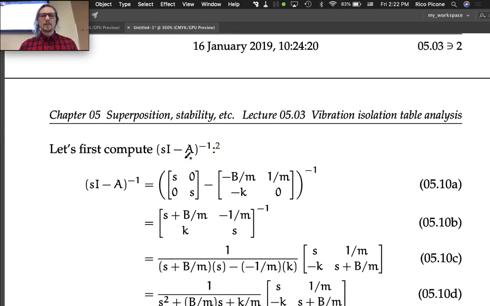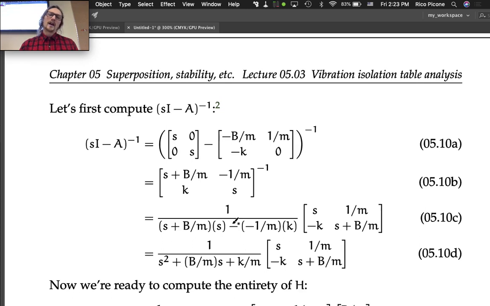So first let's compute (sI minus A) inverse. I actually show some of the steps here, going through some of these in detail. If you're having a little bit of trouble remembering your matrix arithmetic, then it's good to go through this. And then the inverse as well.